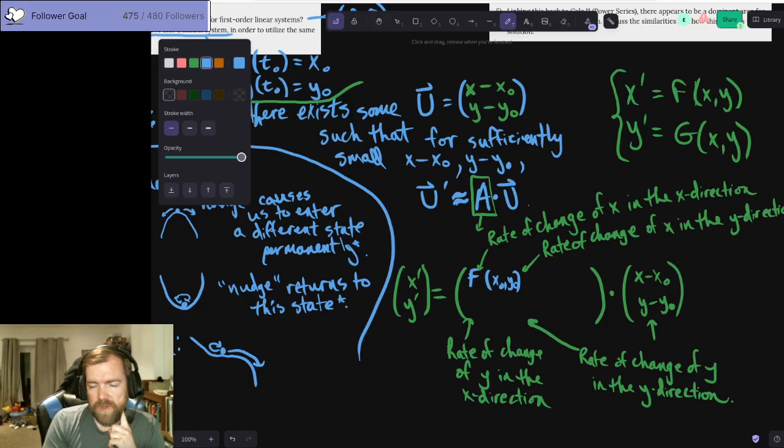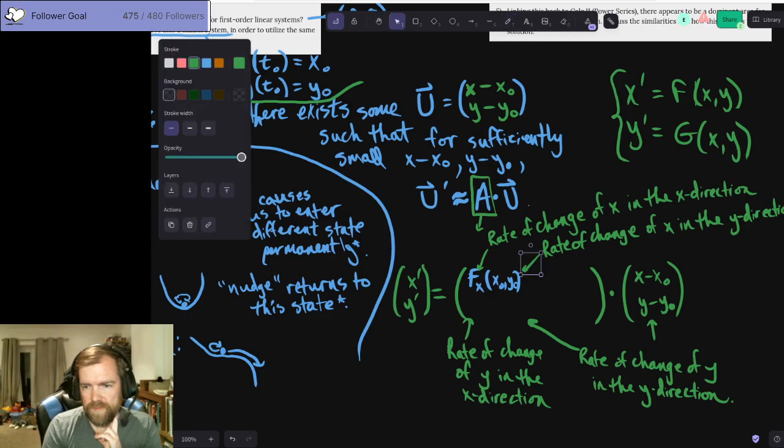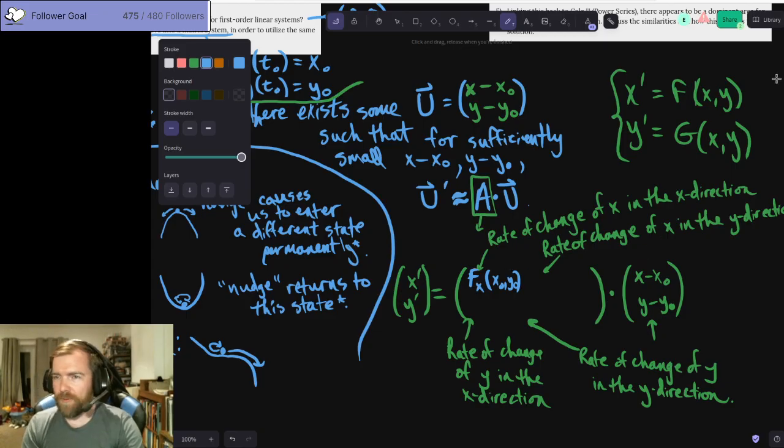So here what we do is, instead of just f at x naught, y naught, it's going to be the partial derivative of f with respect to x. Oh, wait. Okay. Respect to x.